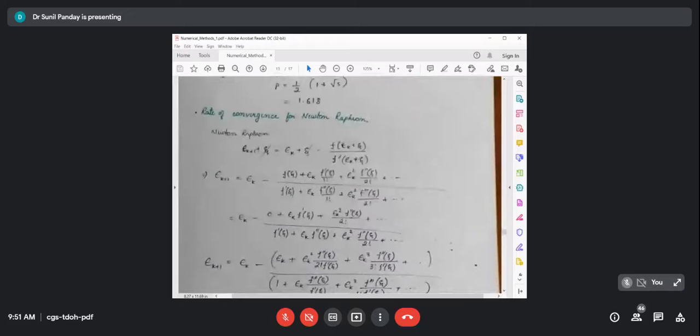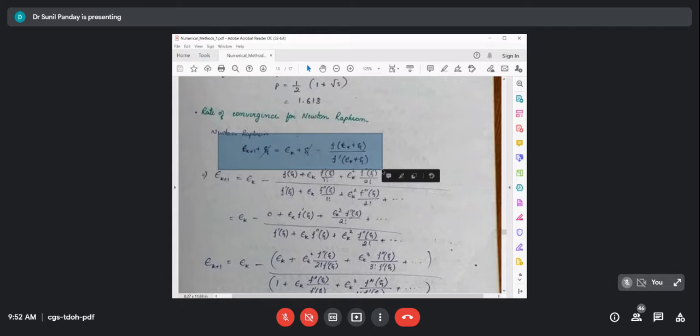So we have substituted in the Newton-Raphson method. This is like xk plus 1, and this is like xk minus f of xk divided by f dash of xk. So we have replaced xk by epsilon k plus xi, and xk plus 1 by epsilon k plus 1 plus xi, everywhere in the Newton step.